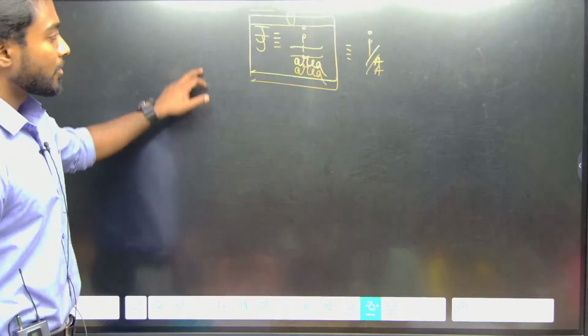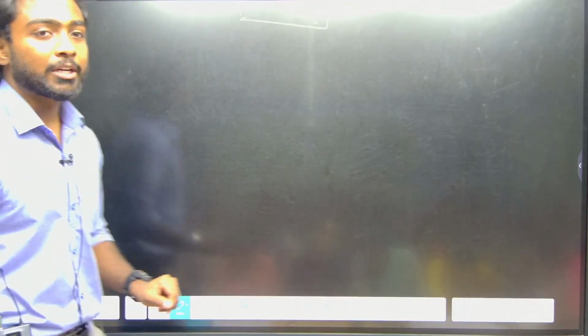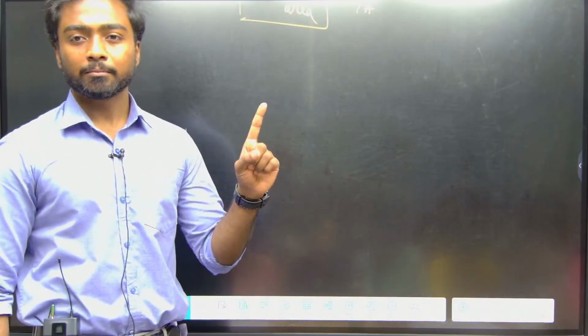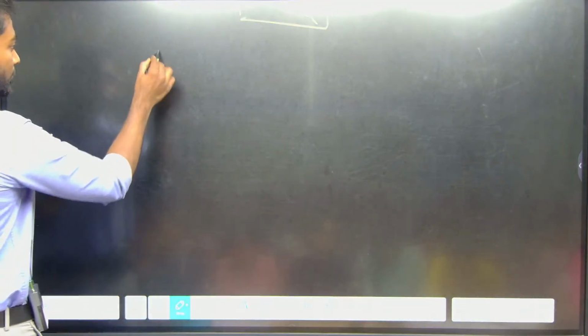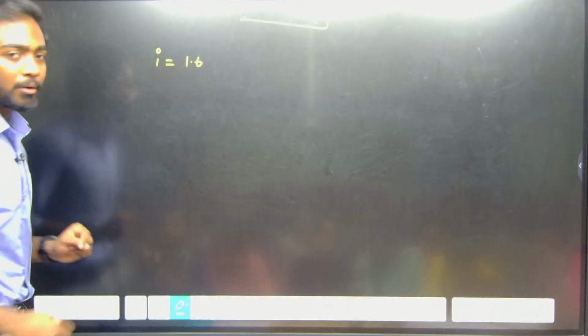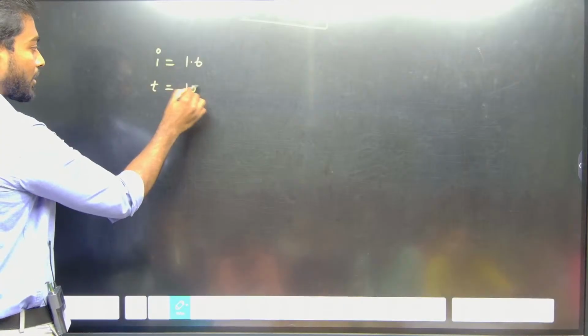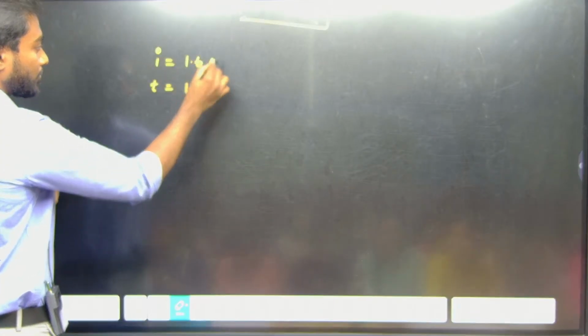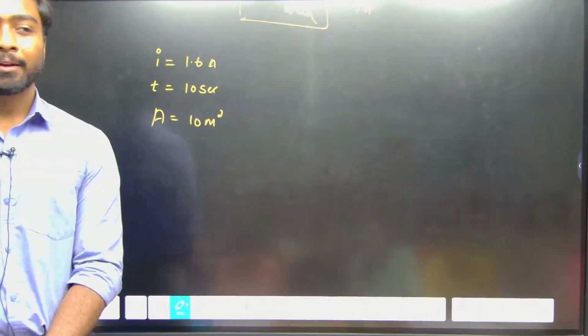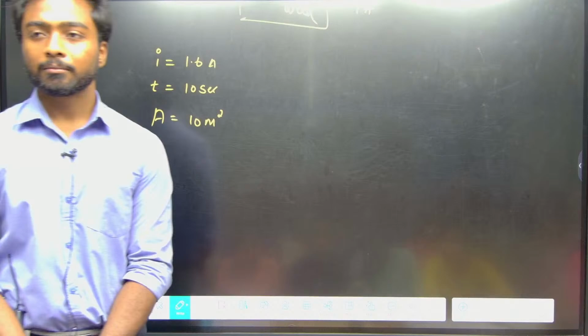Okay. So what are the given terms in the question? First thing they have given, how much? 1.6 ampere. Second, time, t is equal to 10 seconds. Then cross section area, A is equal to 10 meter square. So everything is in SI unit, no need to worry about the units now. What is the question they are asking?